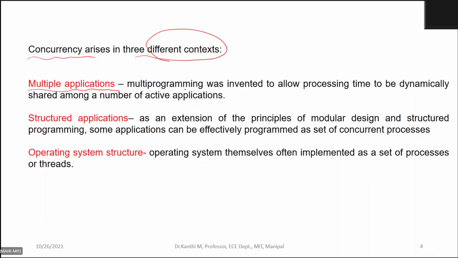Multi-programming allows processing time to be dynamically shared among a number of active applications, as I just mentioned. You just switch between the different processes at runtime. So when you go with multi-programming, processor time is randomly given to the different processes or programs.